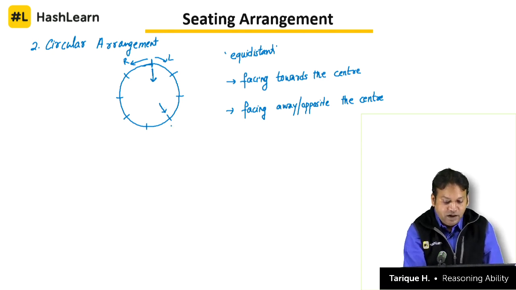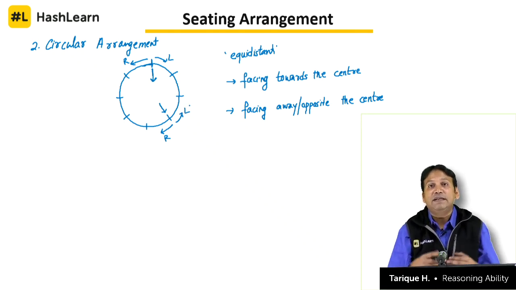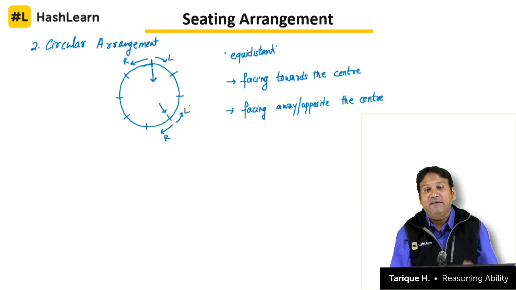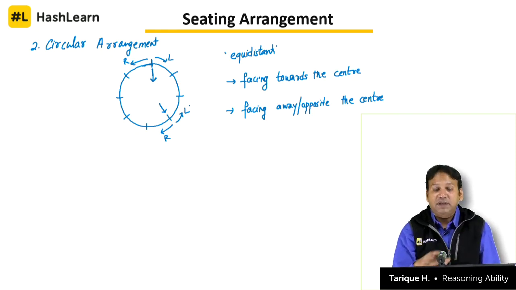Then you can see that right will be in the clockwise direction, and left will be in the anti-clockwise direction. So according to which side they are facing, you have to interpret the statements. A is second left of F. We need to understand whether F is facing towards the center or away from the center in order to understand their respective positions. If you don't do that, you will not get the right answer. Clear? So that's a little bit about circular arrangement questions.